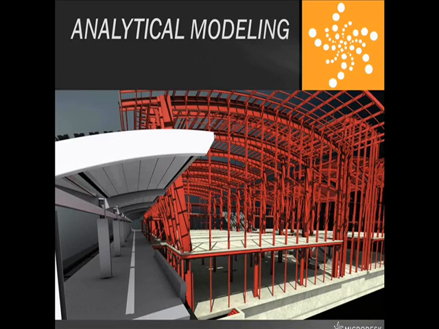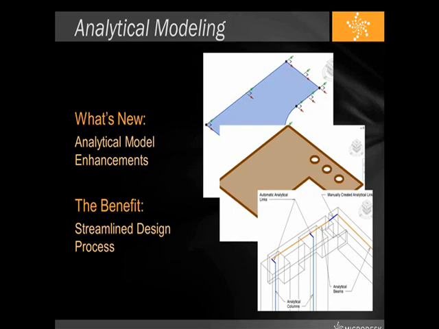Let's now take a look at some of the updates pertaining to analytical modeling for Revit Structure 2013. In this release, you can find many enhancements to help create and manage the structural analytical model, such as better visibility and greater control over the analytical model.